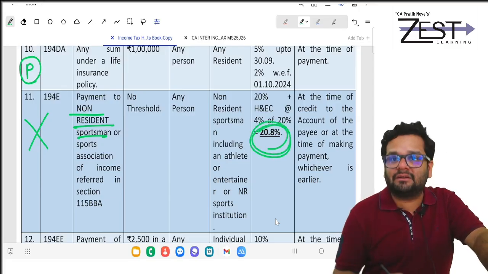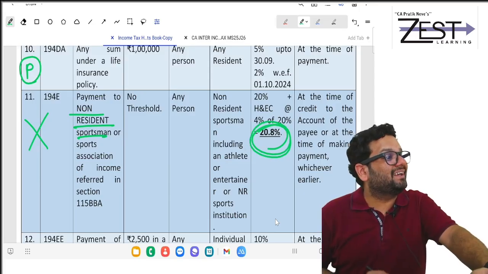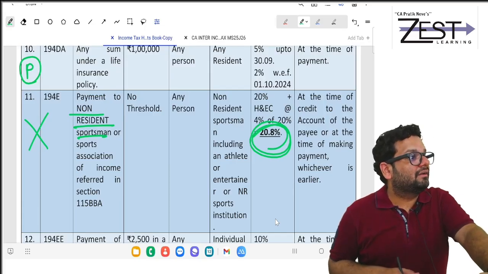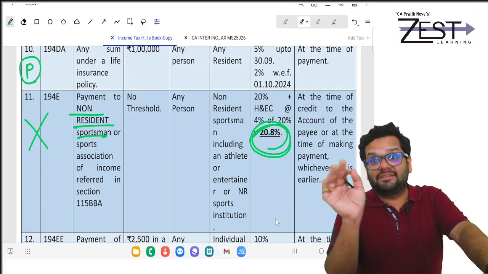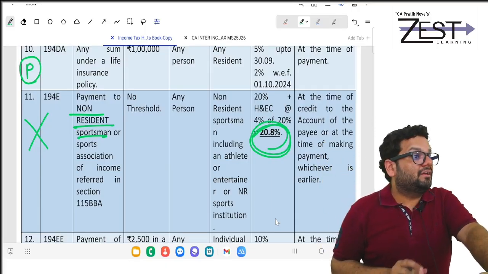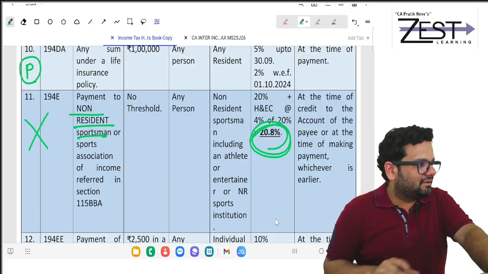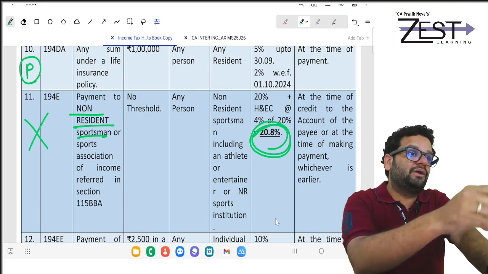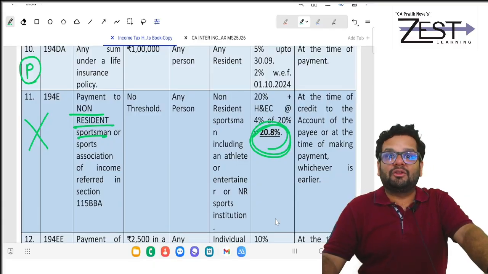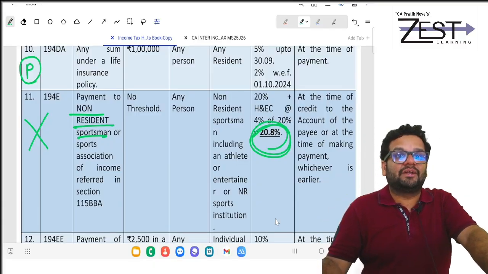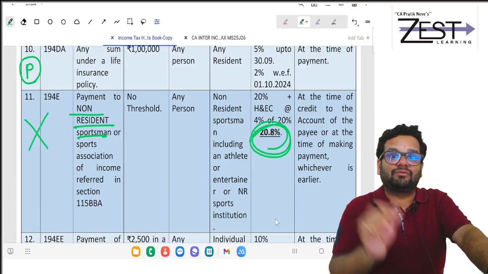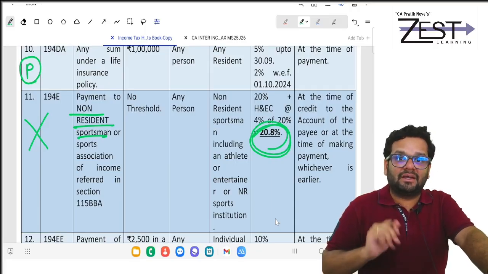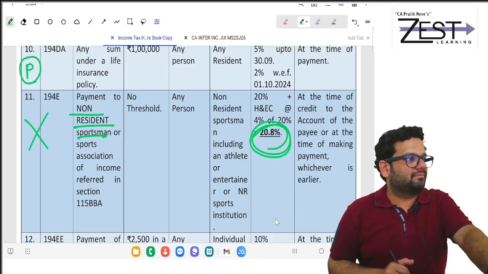TDS happens at 20.8%, including health and education cess. This is unique. In no other case is TDS including health and education cess, because these NR people will not again come back to India to pay that cess. They will not file their ITR in India. That's why we say bye bye to them after deducting their tax. Their source of income is in India, so we should deduct tax for them.